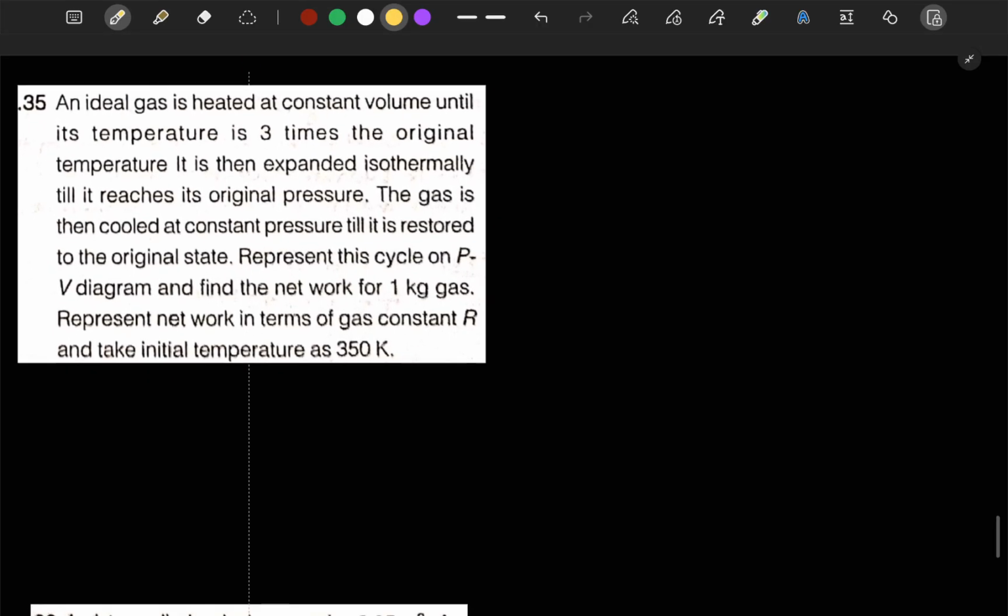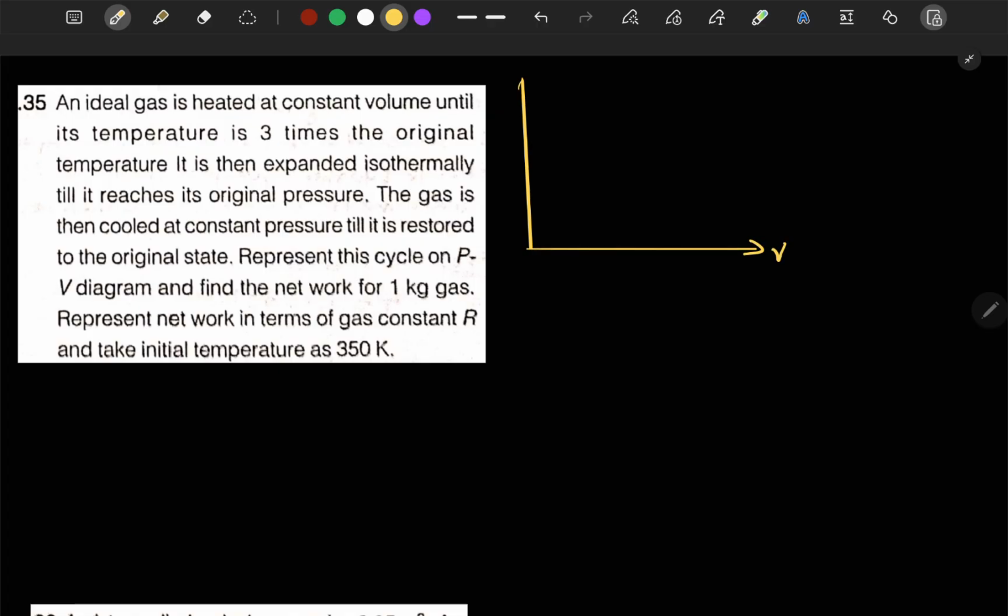Next we will move to question number 35. It is mentioned that an ideal gas is heated at a constant volume until its temperature is 3 times the original temperature. Then it is expanded isothermally. Okay, so first let's draw a diagram.